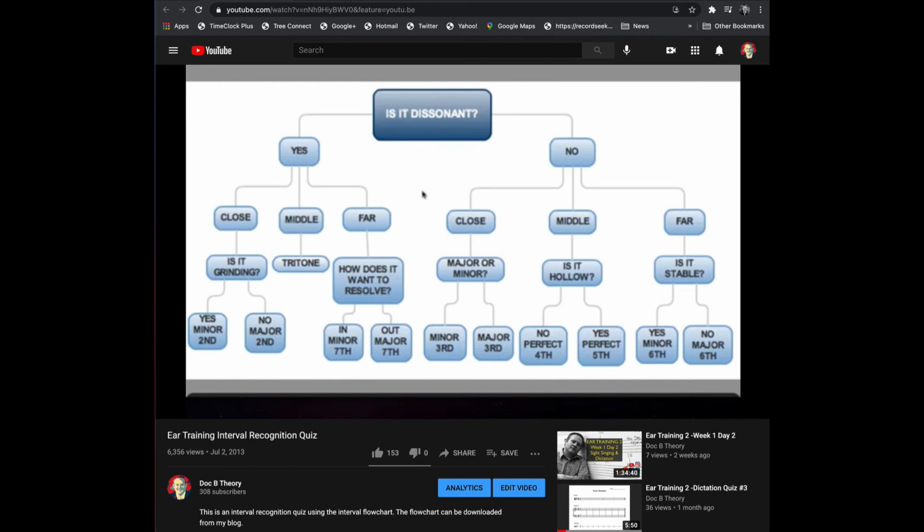I will also do a mouse highlight to help you through that flow chart after I've played each interval. I'll play each interval 4 times, 2 times harmonically and 2 times melodically. Here's the first one.